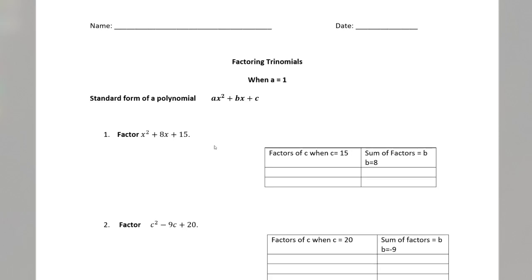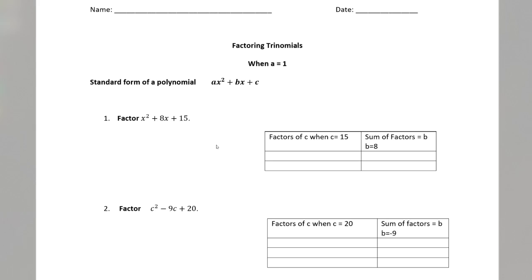Alright, so factoring trinomials. If you watched the last video, you'll notice that with the trinomials we were dealing with, you have factors where it is x plus some number, x plus some number, at least when they're both positive.